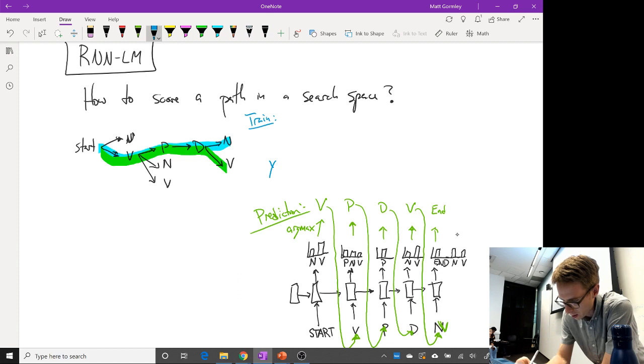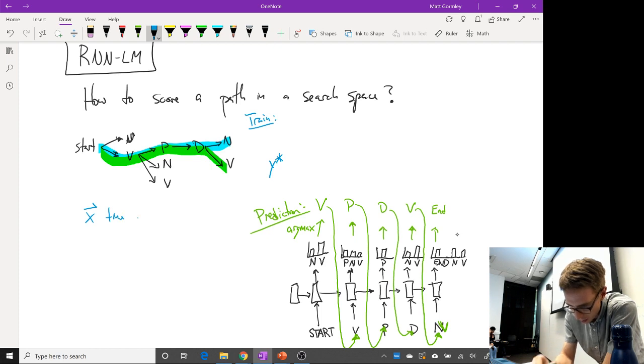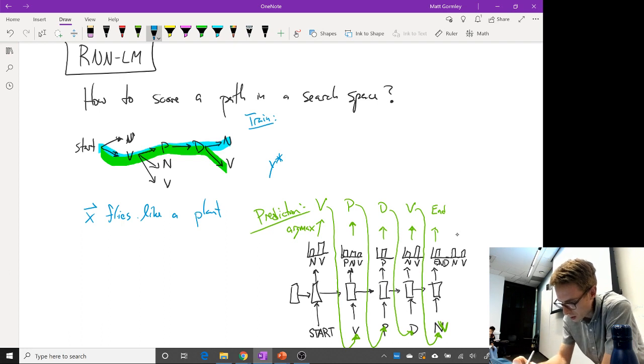That's like our Y star. It consisted, say, for our sentence, something like "flies like a plant", I think was our running example here. So the true sequence is actually noun, verb, determiner, noun.